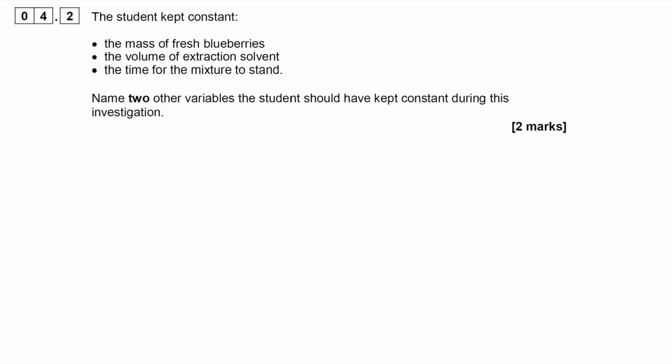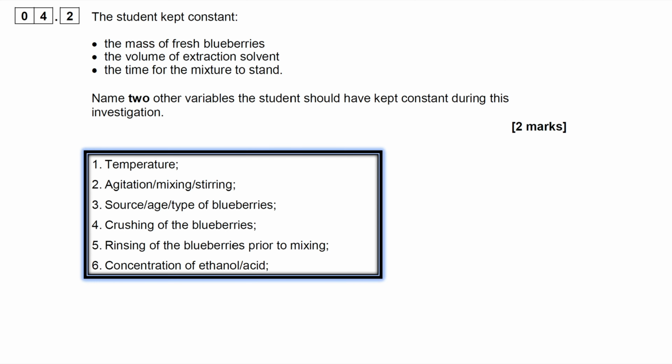Okay, the next part of this question is, the student kept constant number 1, the mass of fresh blueberries, number 2, the volume of extraction solvent, and number 3, the time for mixing the mixture to stand. Name 2 other variables the student should have kept constant during this investigation. You can include any 2 points from this list. The other variables that should be constant are the temperature, and agitation or mixing. If he was not mixing constantly, that could give you variable results.